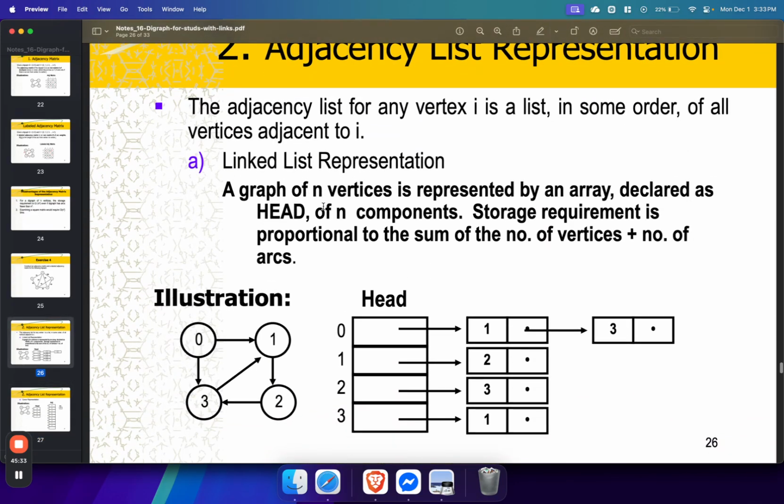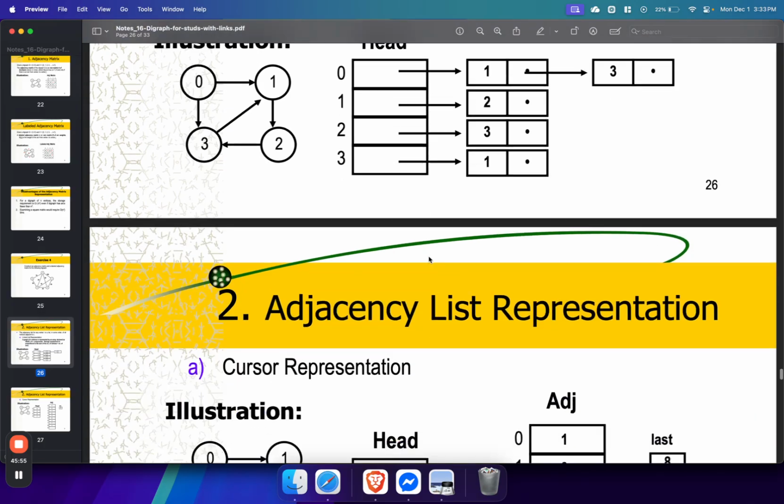So how do you implement this? Head is an array of linked lists such that your vertex is your index and your nodes inside that list are essentially arcs going from your head to the specific vertices in these nodes.